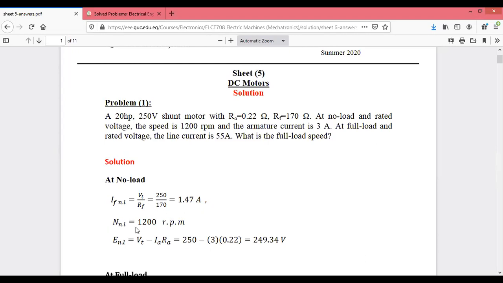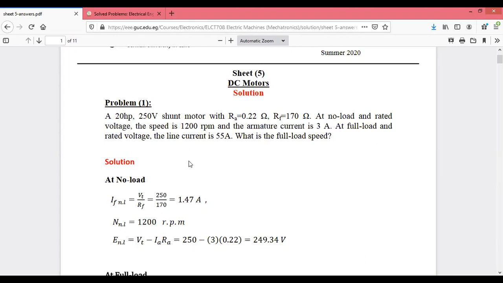For that, you will need Ia and Ra, because here we have the equation for the back EMF. Back EMF, because this is a motor, so we can call that EMF the back EMF. We have the equation E minus Ia Ra.